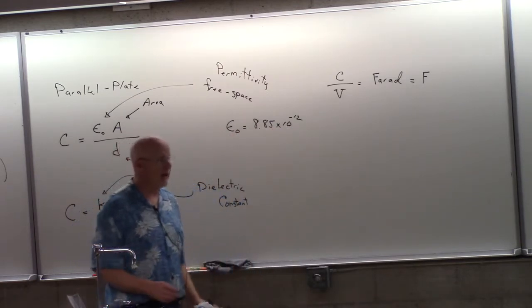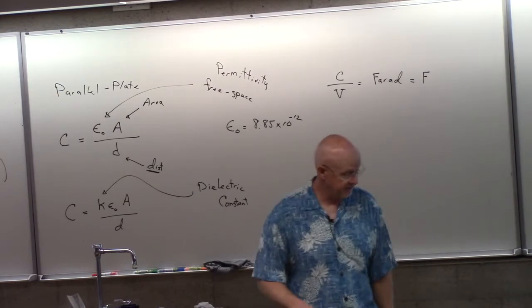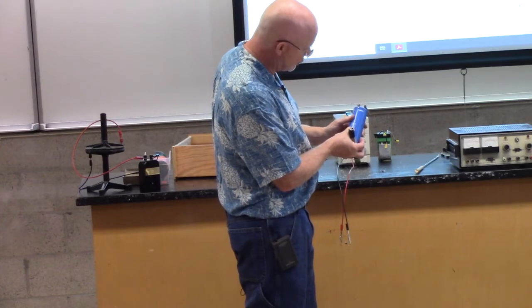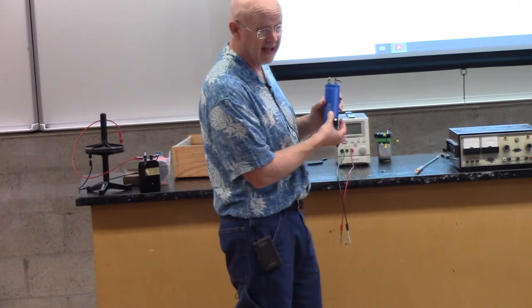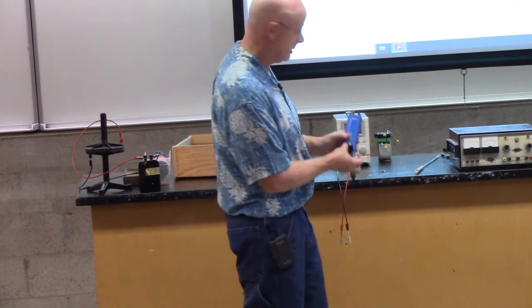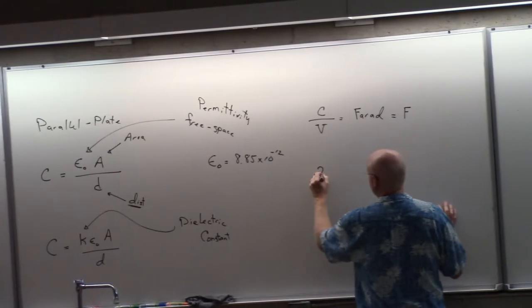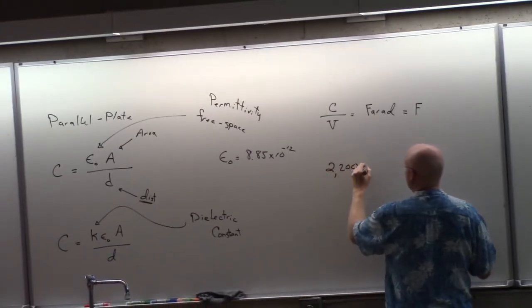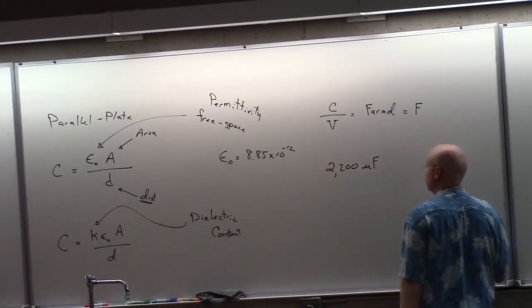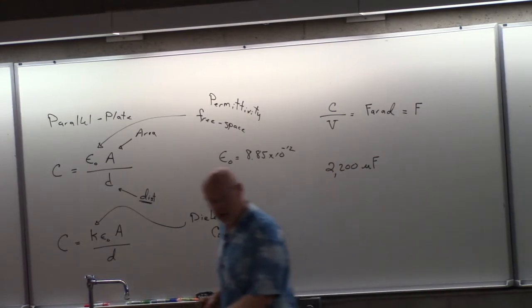And so when I pick up this capacitor, it actually says on it 2,200 micro, and it's got a little F, microfarads. And so that fancy word, that farad, 2,200 microfarads. That's really what it says.